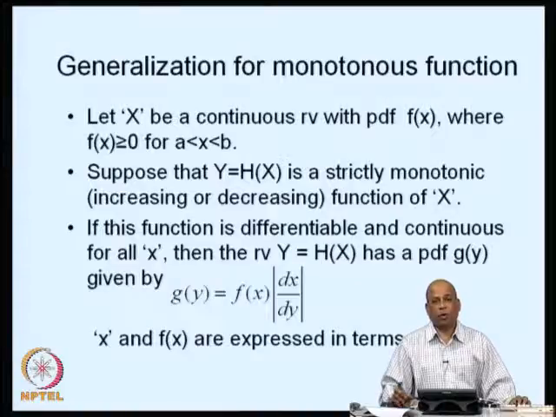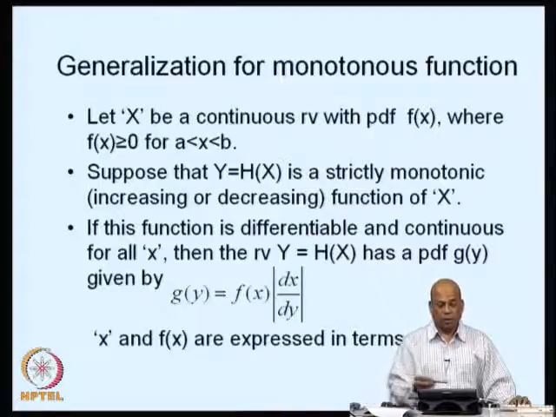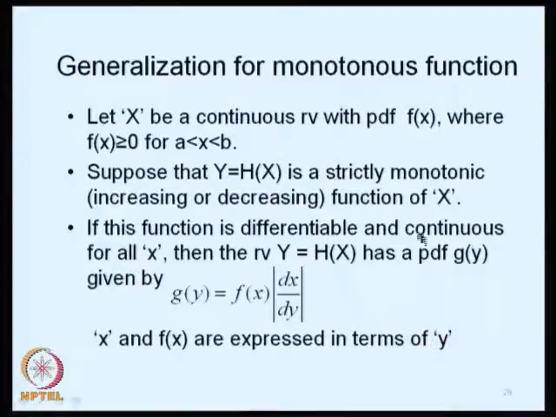We are talking about a single random variable and a function of a single random variable. Now, in this case, we express both x and f of x in terms of y.